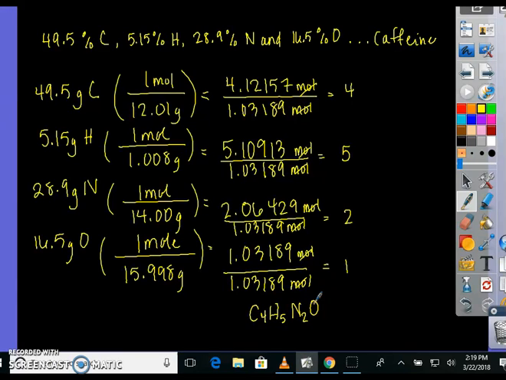Now, this may or may not be your empirical formula, your molecular formula. Okay? So there's an added step when working these problems to calculate molecular formulas. And I want to take a look at one of those right now. We're going to work with one that's really easy and really simple for you to see.